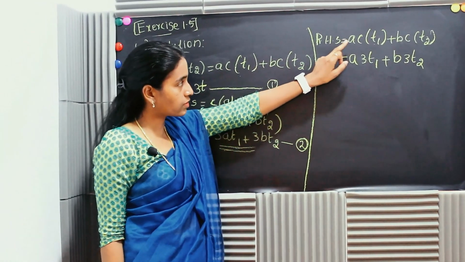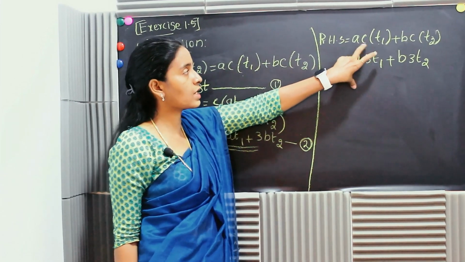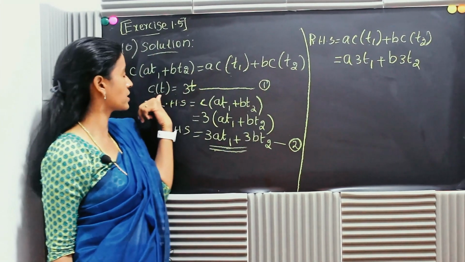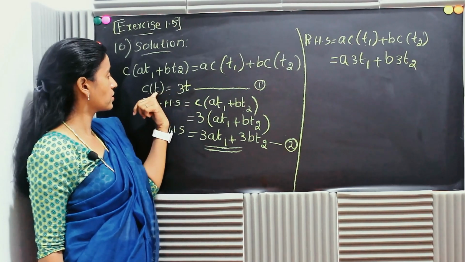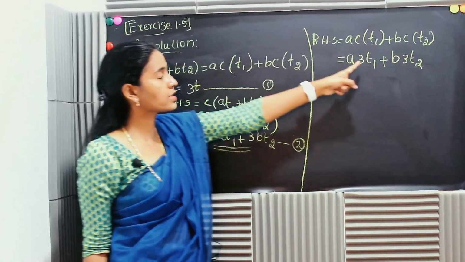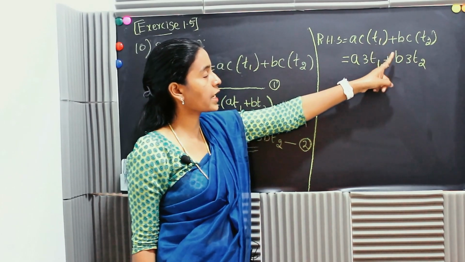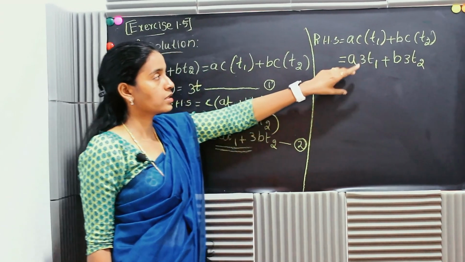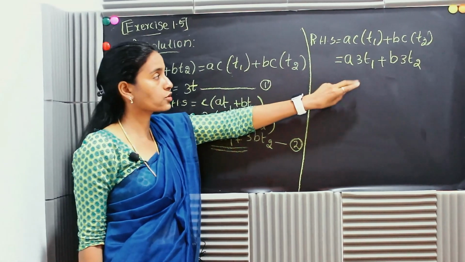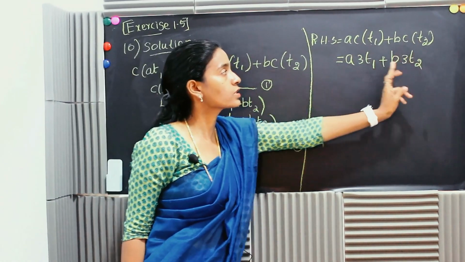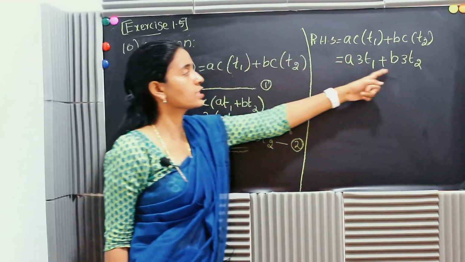Just we are writing a and just applying C of t value. What is C of t here? 3t. So we can write 3 t1. And we are writing b here, constant. a and b are constants, that's given in the question. And C of t value is 3t, so 3 t2.